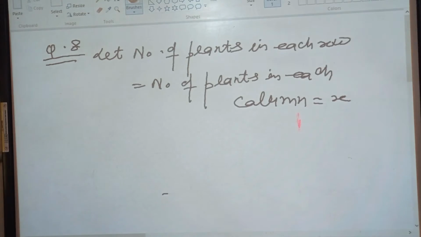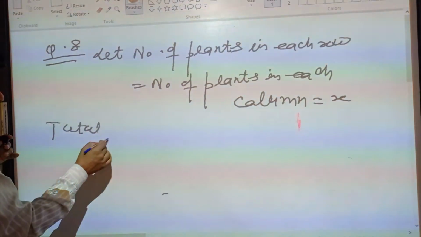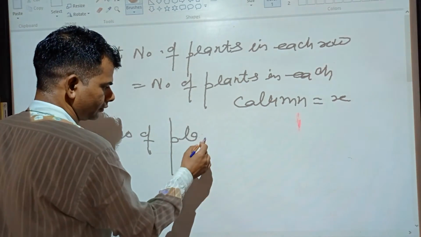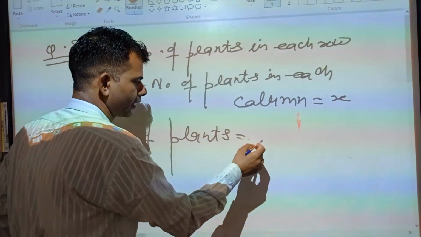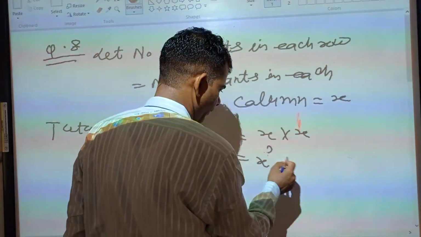So total number of plants will be x into x, it becomes x square.